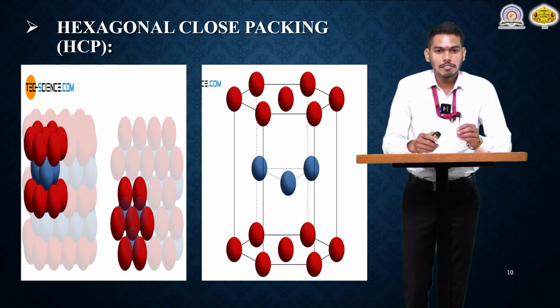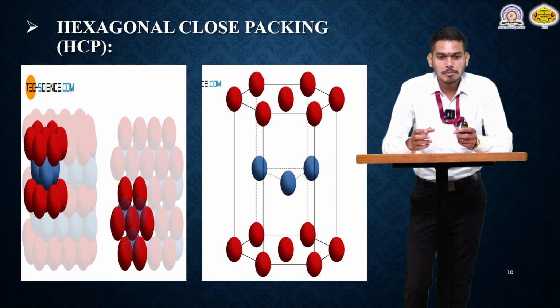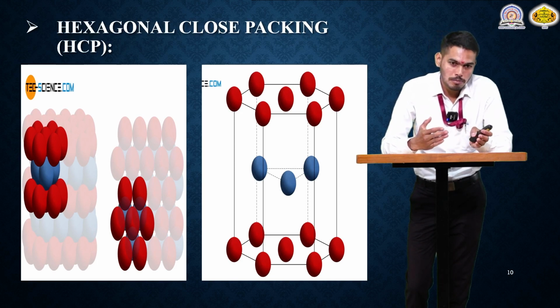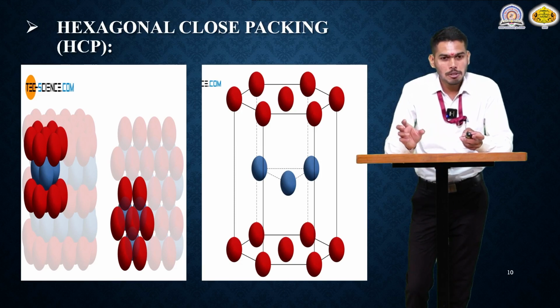In hexagonal close packing, the arrangement of atoms is different from what we have seen in the cubic system. In the cubic system, the lattice constants A, B and C are the same.